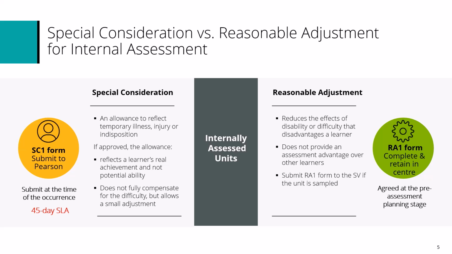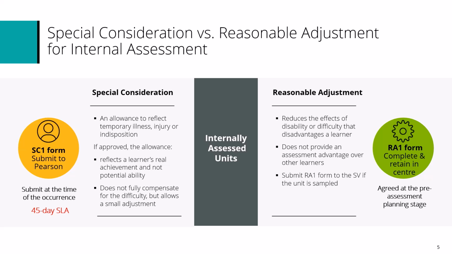Special considerations are required to be submitted if all other options to help a learner complete and achieve an outcome for an internal assessment have been exhausted. Like with external special considerations, if an application is approved, the allowance granted will not fully compensate for the unit, but will give a small adjustment and the grade awarded will reflect their real ability rather than potential.